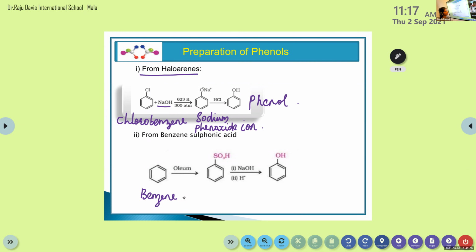It's H2S2O7. That is oleum. So this benzene is treated with oleum and benzene sulfonic acid is obtained. A benzene ring with SO3H group. This one is known as benzene sulfonic acid.